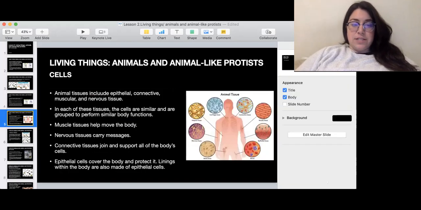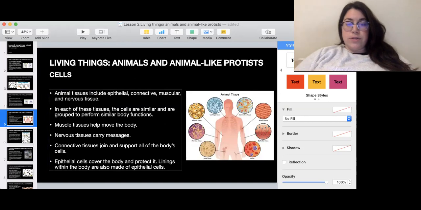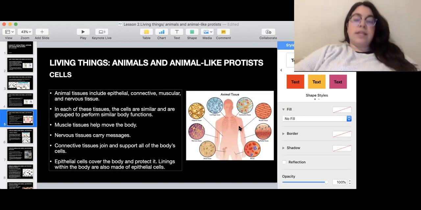Okay, animals have different tissues that include epithelial, connective, muscular, and nervous tissues. Here I put an example of different tissues, or different groups of cells, that humans have. In each of these tissues, the cells are similar and are grouped to perform a similar body function.